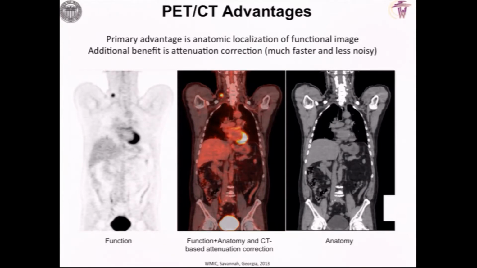In general, with spiral CTs, you can get the attenuation information in the order of seconds, whereas traditionally with dedicated PET systems, it took minutes to tens of minutes. So it allowed you to get less noisy attenuation information and also quicker, allowing you to image more patients and increase throughput from your clinic. So it also saved money in that sense by being able to do more patients per day.